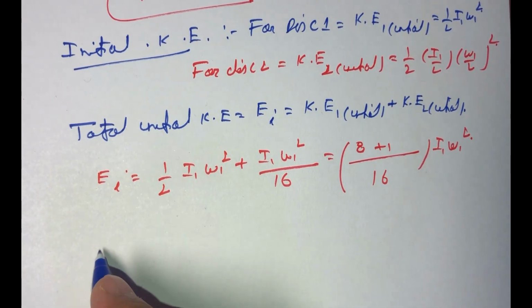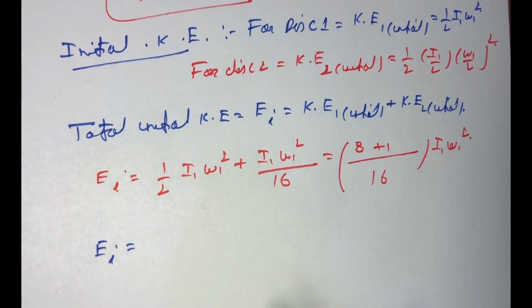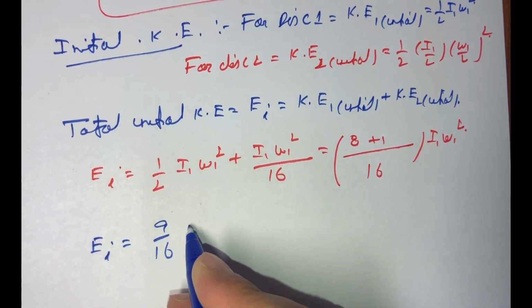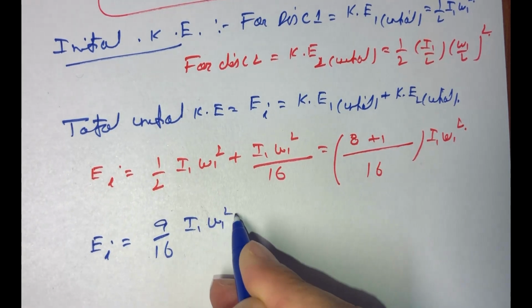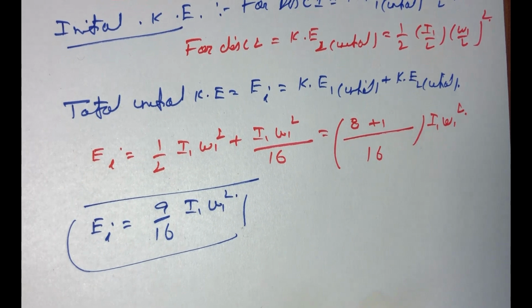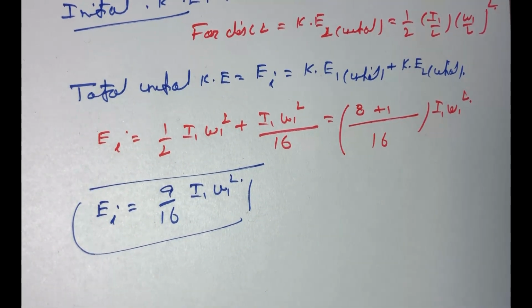Therefore E initial will be equal to 9/16 I1 omega 1 square. So we got the initial kinetic energy.